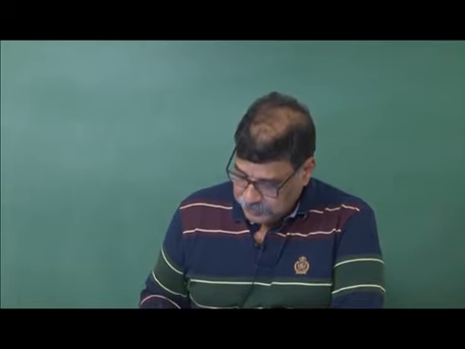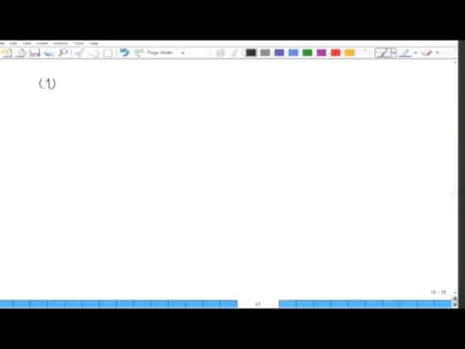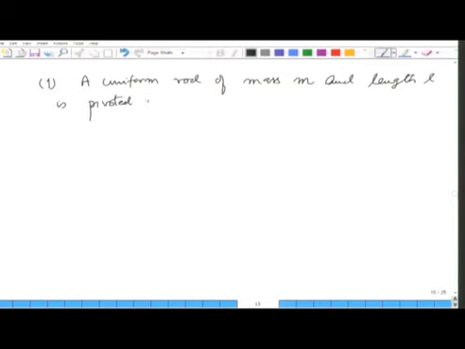So, let us now formulate the problem and say a uniform rod of mass m and length L is pivoted at one end.